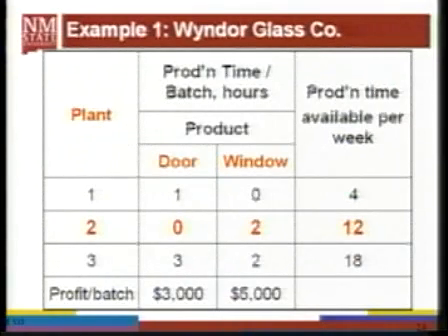Likewise, plant number 2 imposes the restriction that 2x2 is less than or equal to 12, right? And for plant number 3, you'd get 3x1 plus 2x2 is less than or equal to 18.